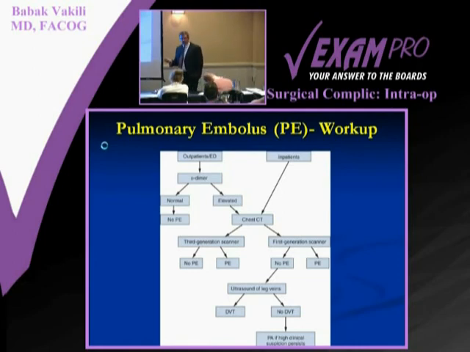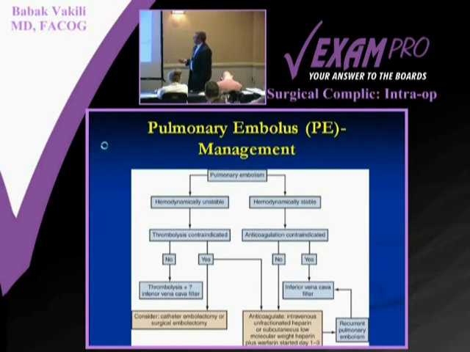I don't think they're going to try to trick you in the diagnosis. They're going to give you the PE, and they're going to say, how do you manage it? Or what's your most likely diagnosis? But I don't think the CAT scan will actually come up in the exam. I'll be honest with you.